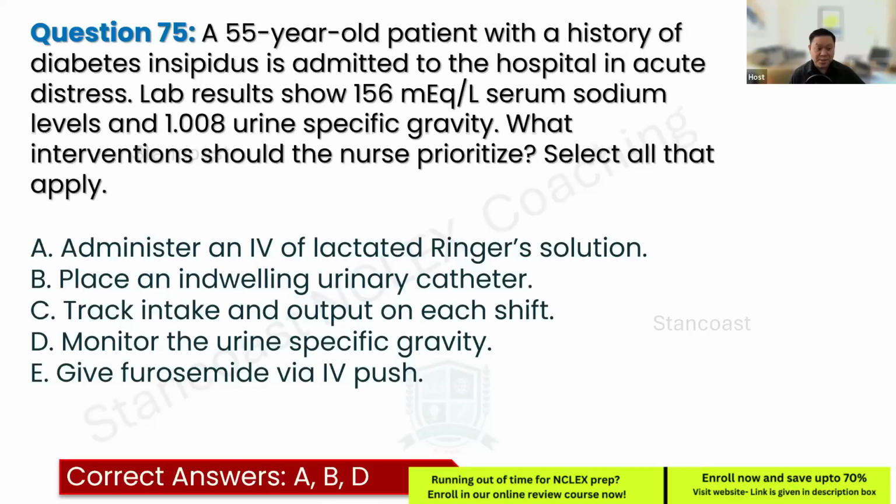Now, if you selected letter C, track intake and output on each shift, this is something that you should do every hour, not every shift, because of the rapid fluid loss. And letter E is also incorrect because we know that furosemide is a diuretic. It will increase their urine output. It can worsen the patient's dehydration and also fluid imbalance.